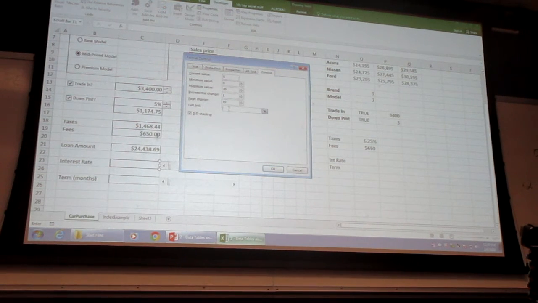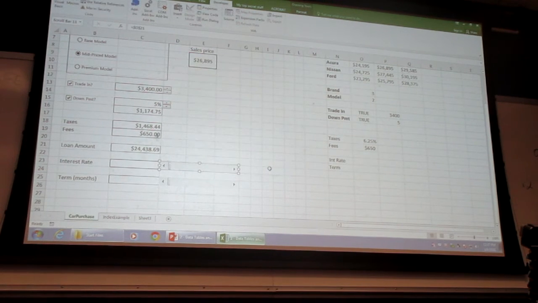I am capturing that in my cell link right here, that's where I'm capturing what the user does. Okay, 0 to 20 in steps of 1. Click OK. If I use this, I'll see that over there going all the way up to 20, all the way down to 1.